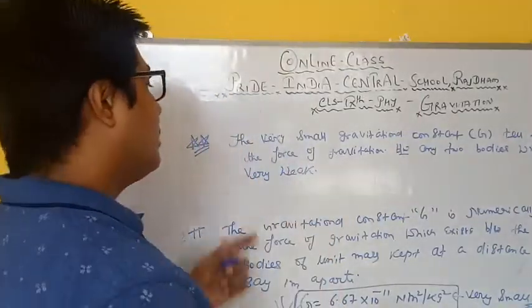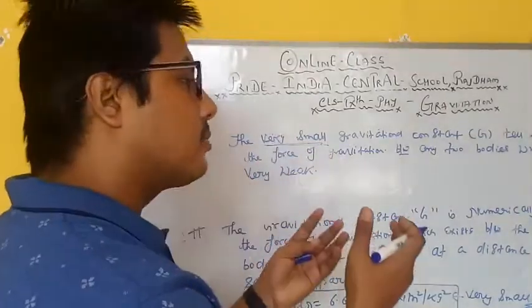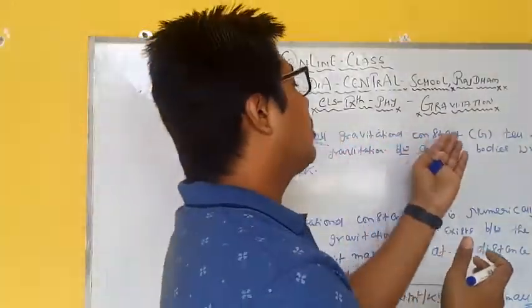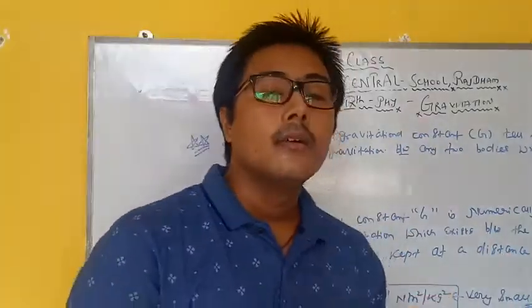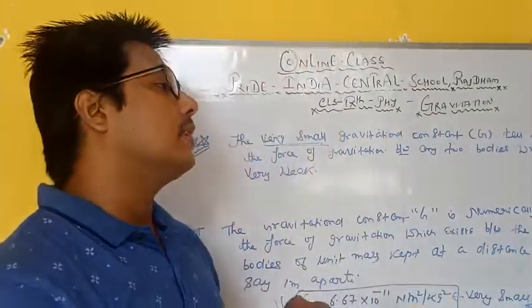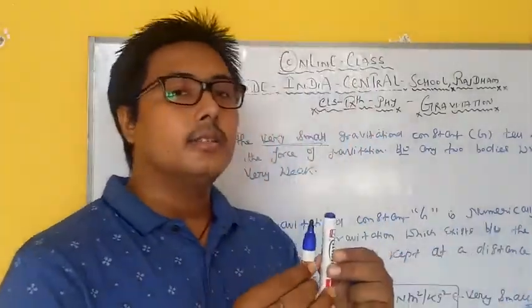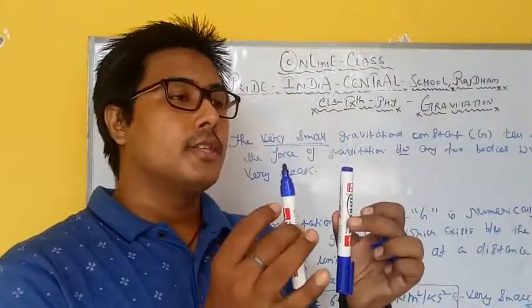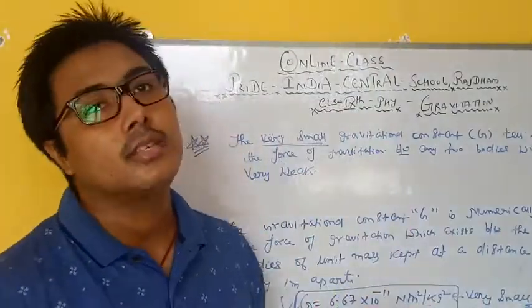This extremely small value of the gravitational constant G tells us that the force of gravitation between any two objects will be very small, negligible, and hence it is said that when two bodies attract each other, you cannot see both the bodies moving towards each other because the value of gravitational constant G is very small.